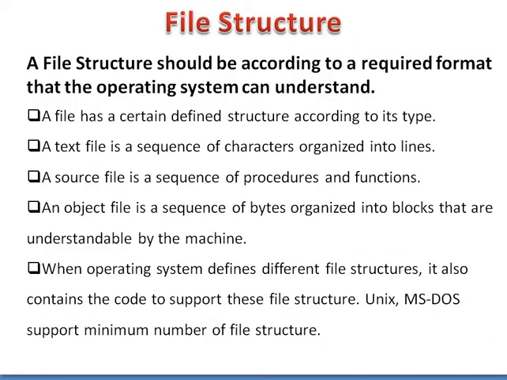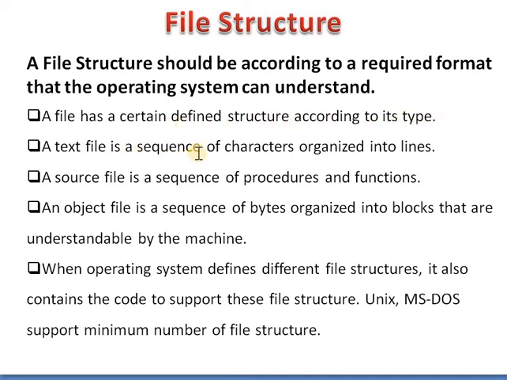Now we will see the file structure. The file structure should be according to the required format that the operating system can understand. There is one structure that is used to store the record of a file. A file has a certain defined structure according to its type.